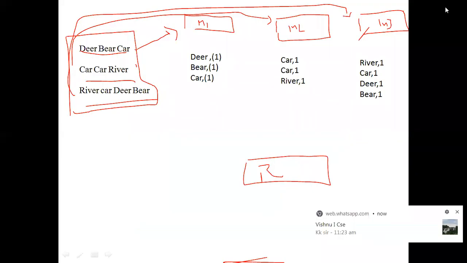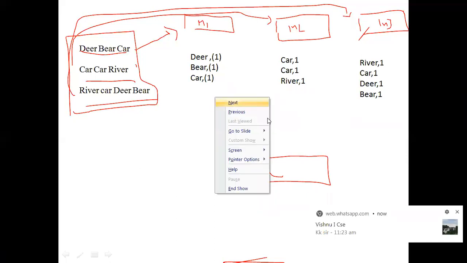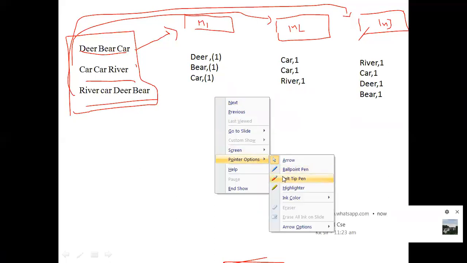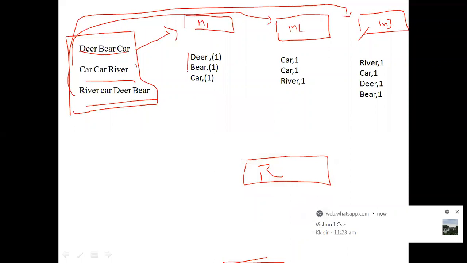So these are the outputs of each mapper.